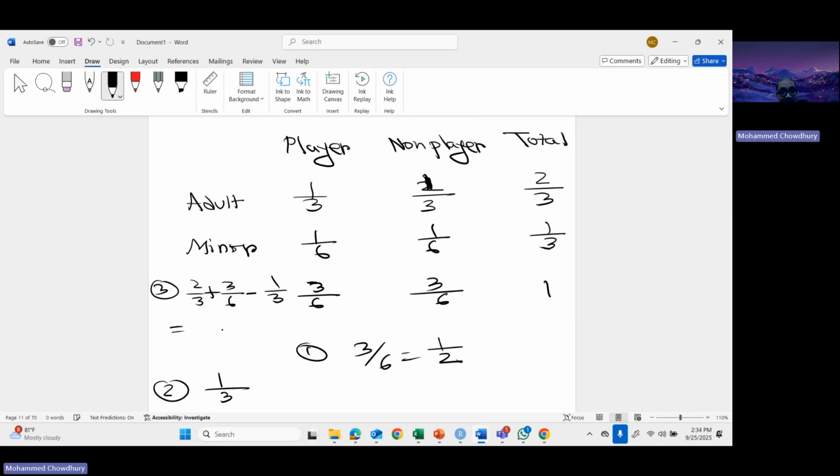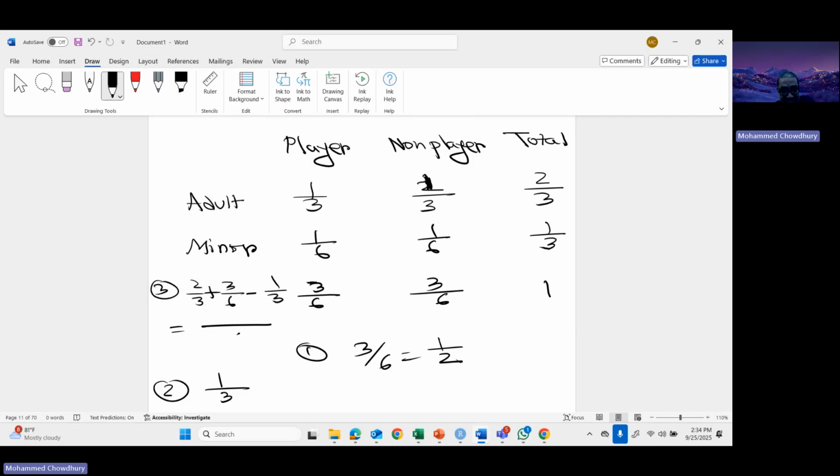Is this okay or not? Tell me again, what is the question? Adult or a player, right? So adult equals 2 over 3, player equals 3 over 6, and adult and player equals 1 over 3.